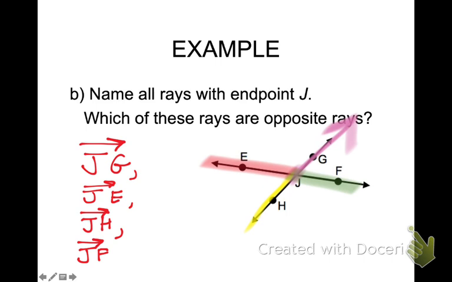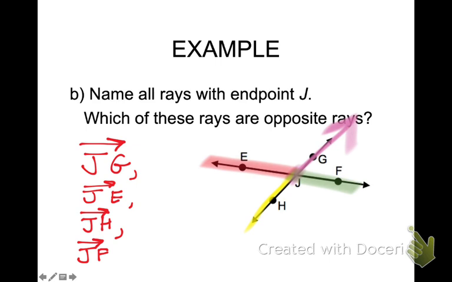Out of those four, which ones are opposite rays? E and F and G and H. Yeah, so which rays would you group together to create the opposite? So what would be opposite of JG? JH, good.